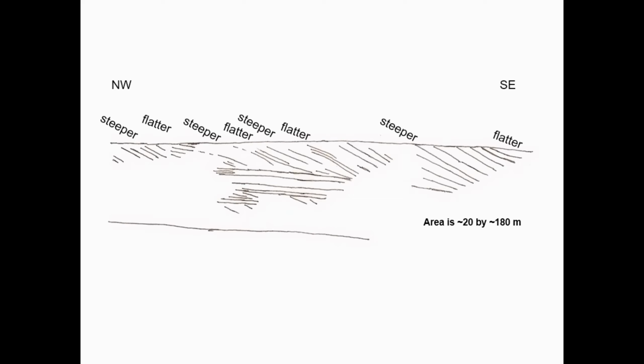Again, this is the kind of thing that you associate with tidal conditions, with tidal channels, where we get an alternation of faster and slower current conditions reflecting tidal cycles and the like, enhanced by storms and whatever.